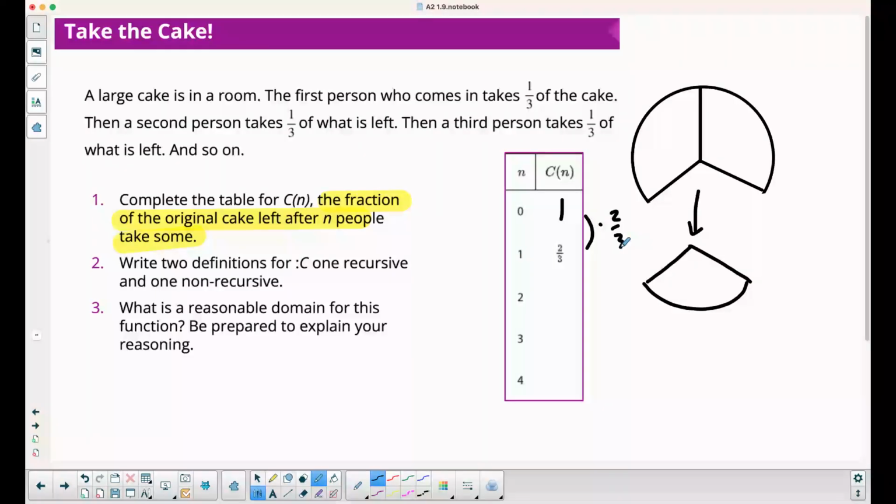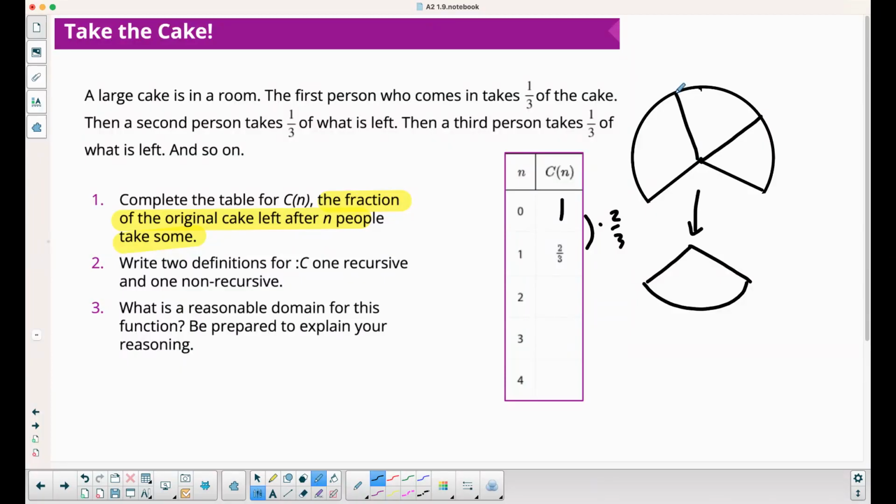Okay, so then out of what remains here, you're going to have 2/3 of that. Someone's going to take 1/3 of it, and you're going to have 2/3 remaining. So I don't know, this is a little harder to divide into thirds, but let's say here, maybe cut this into thirds here.